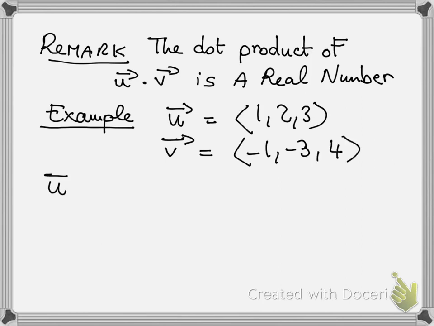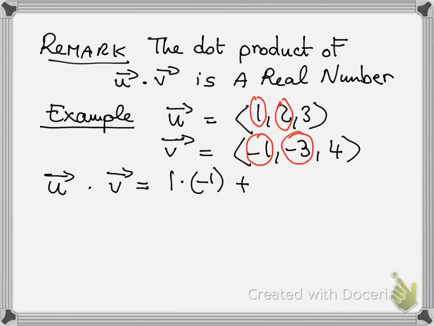Then u dot v is equal to 1 times -1, so u1 times v1, plus 2 times -3, plus 3 times 4.